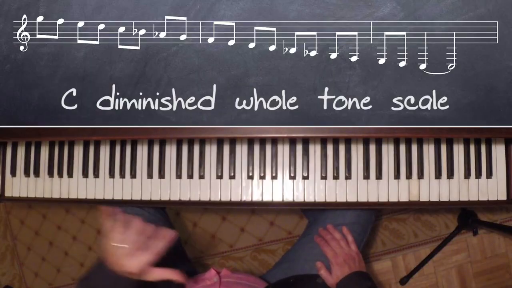Okay, so there's the whole tone scale, and then there's the combination of whole tone and diminished scale, and it's called the diminished whole tone scale. And it's very similar, or actually, it's exactly like the melodic minor scale. It's a very convenient and universal scale.